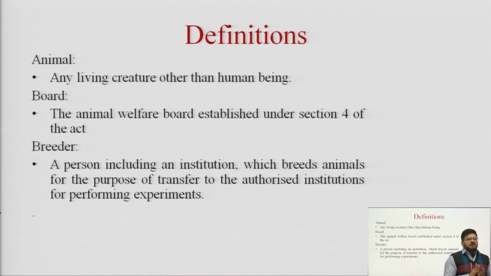Animal, a living creature other than a human being, is called an animal according to the Prevention of Cruelty to Animals Act. Board, the Animal Welfare Board, established under section 4 of the Act, is called the board. As well, a breeder is a person, including an institution, which breeds animals for transfer to an authorized institution for performing experiments.